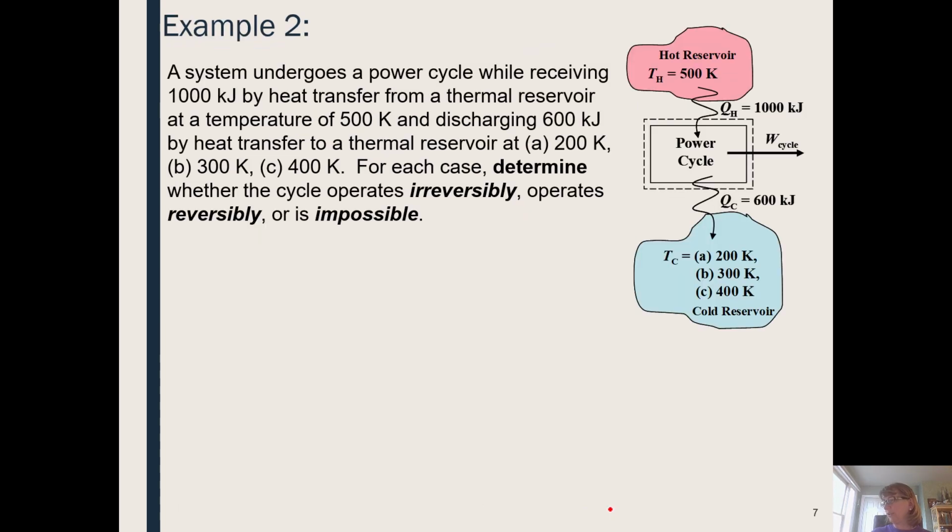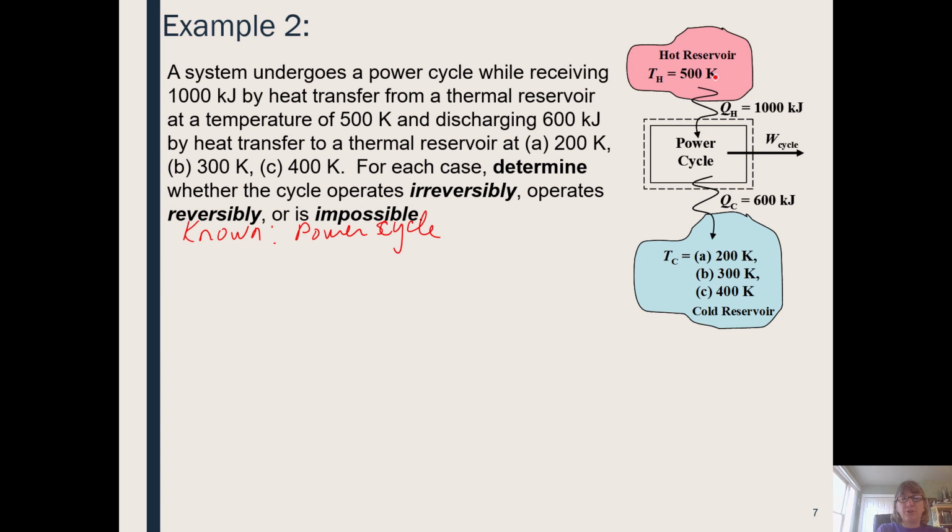So let's do an example here. In this particular example, we have two reservoirs with two different temperatures, and we are given the heat coming in and coming out. Our system undergoes a power cycle, and we want to determine if this power cycle has any irreversibilities, or if it's impossible.